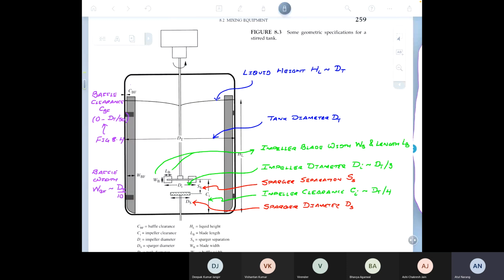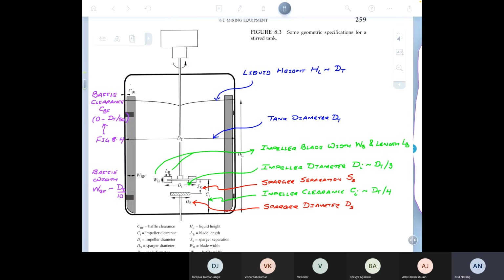So, the reason why you put this sparger at the bottom is that the impeller is playing a very important role in breaking up the air into smaller bubbles and moving it through the reactor along with the macro circulation currents that I had shown to you earlier.